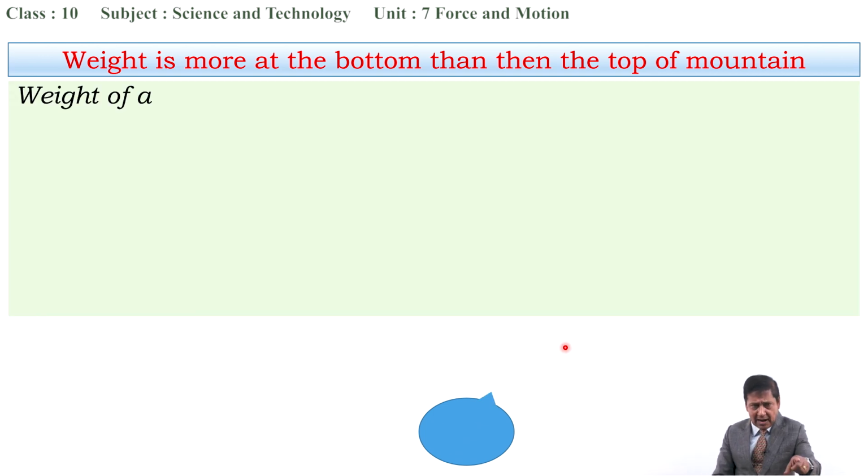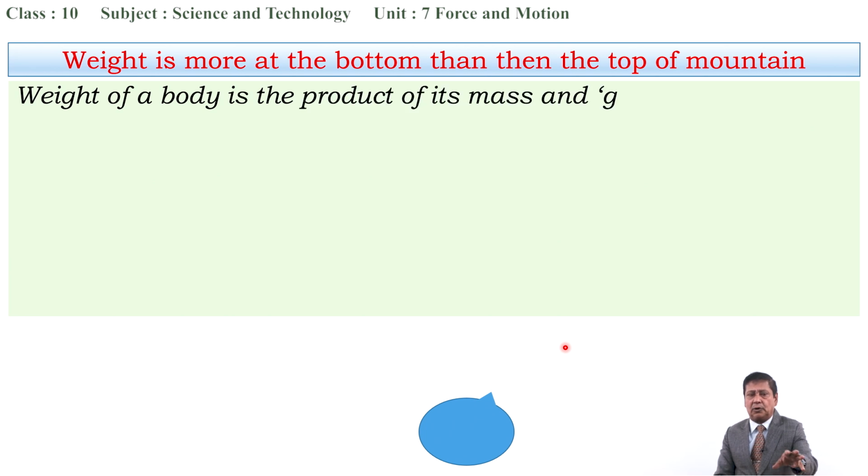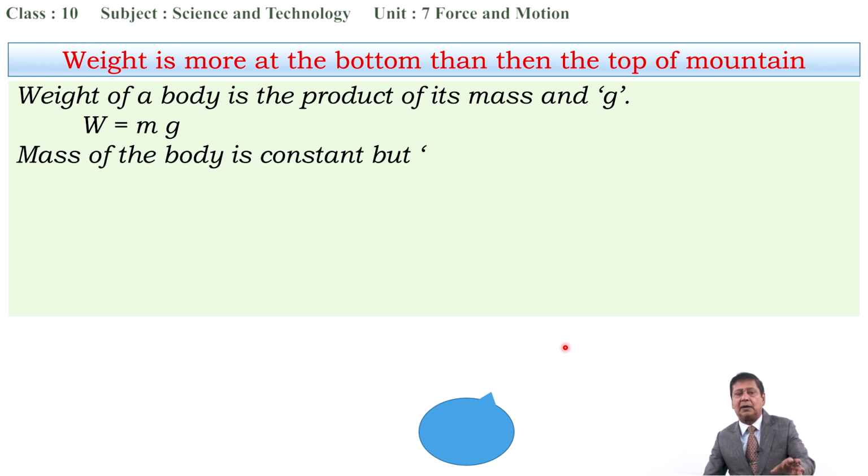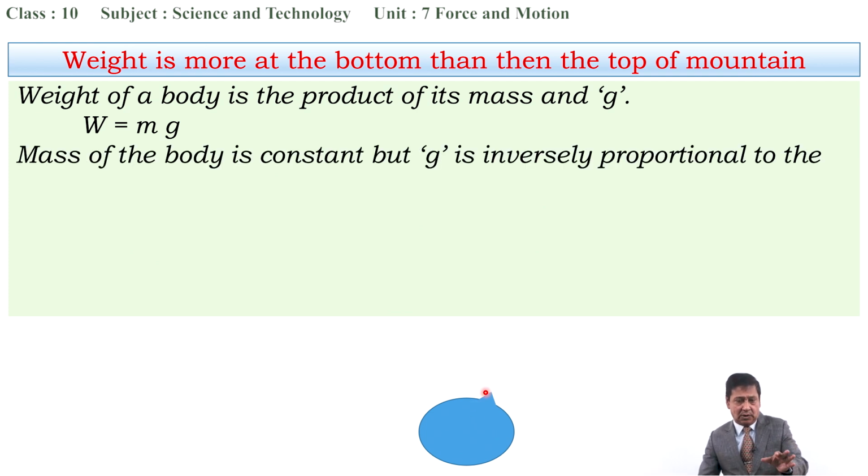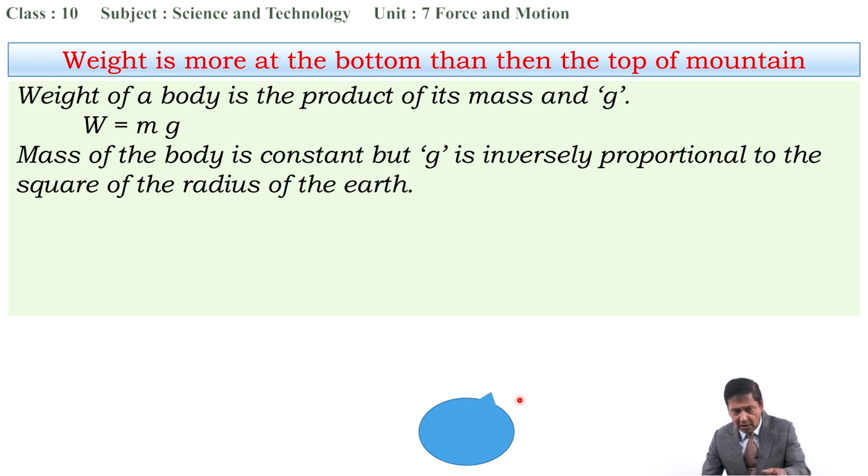Now we know that the weight of the body is the product of its mass and small g. We can write W equal to mg, and we know that the mass of the body is constant whether we go to the bottom of the mountain or the top of the mountain. Mass of the body is constant, but g is inversely proportional to the square of the radius of the earth.